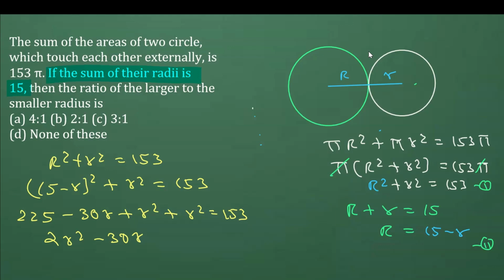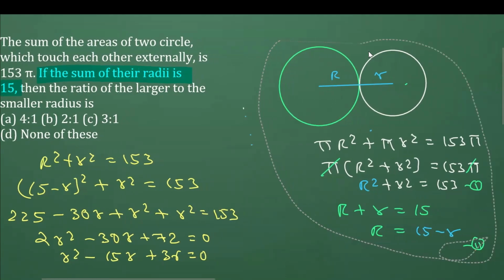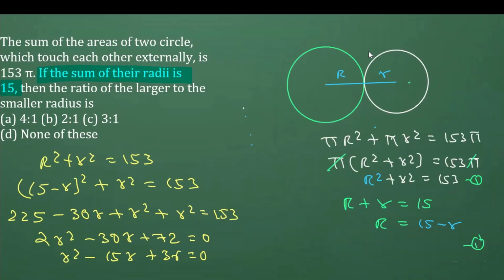So 5 minus 3 is 2, and then 12 minus 5 is 7. That is equal to 0. Now I can reduce it further by taking 2 common so as to frame a quadratic. This is what we got after taking 2 common. Now we will be using middle term factorization to solve this.